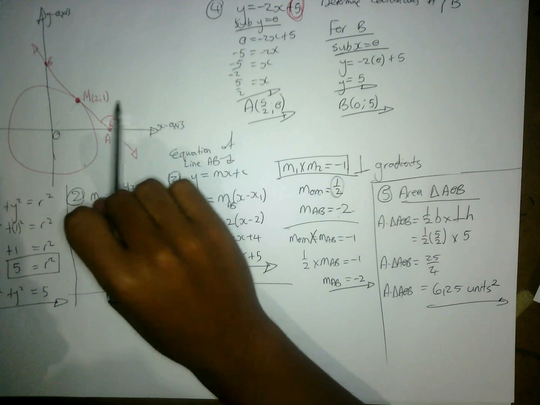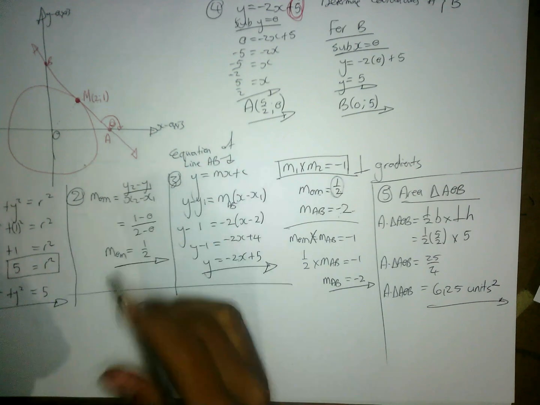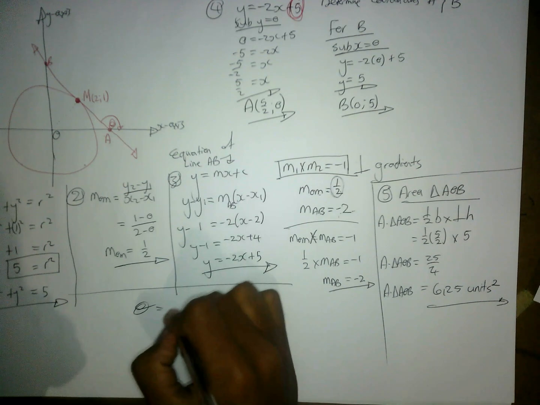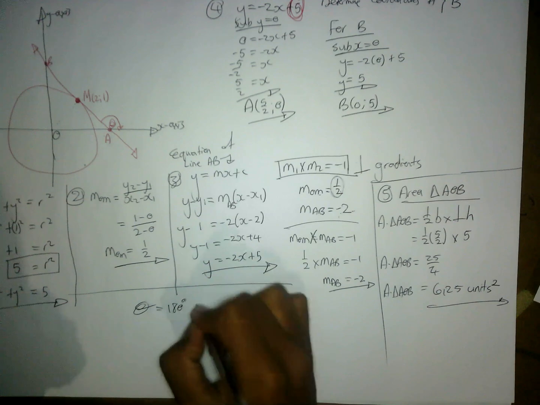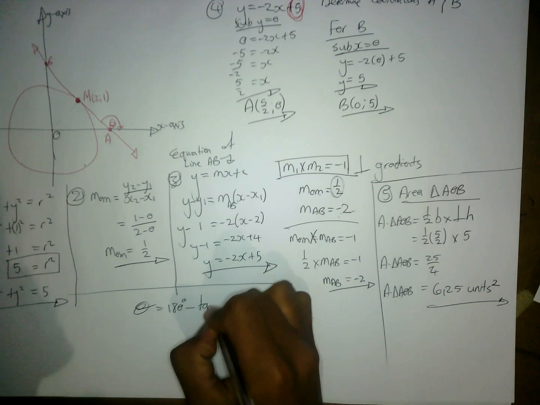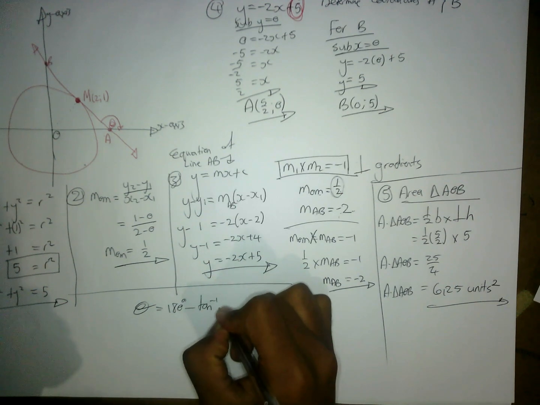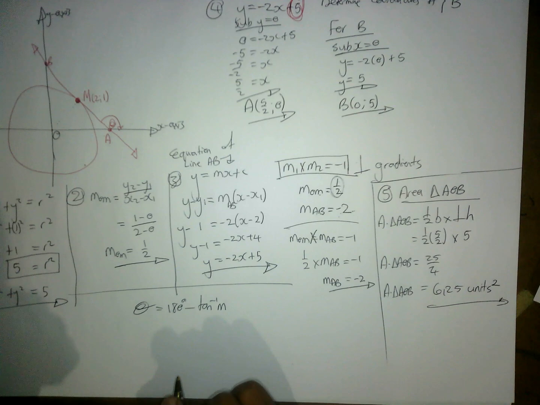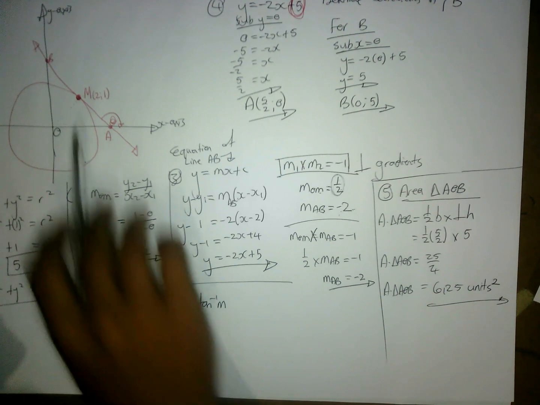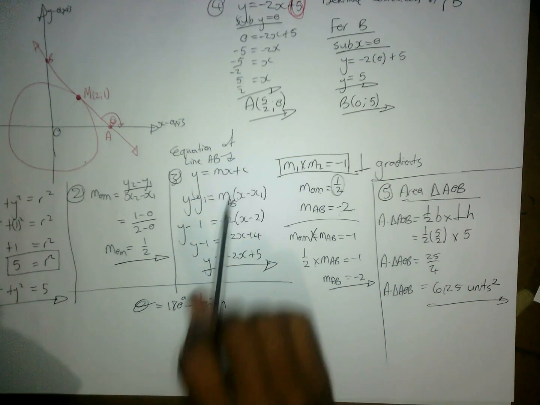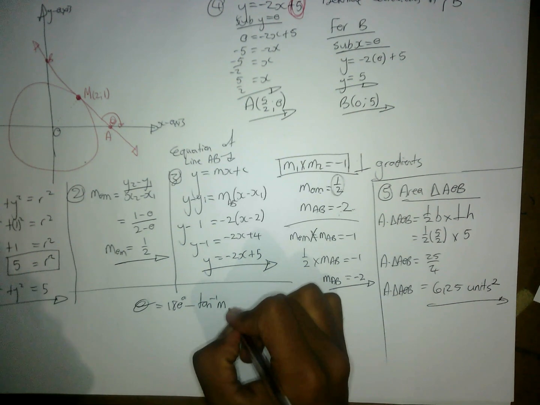It's bigger than 90 degrees. So for the angle of inclination, we're going to use the line AB and the gradient of AB. Yes, it's this one.